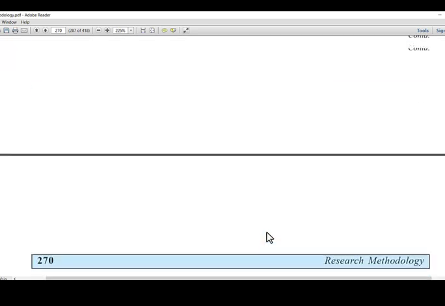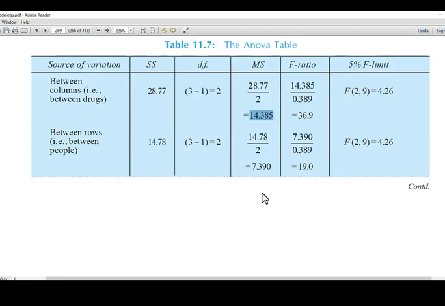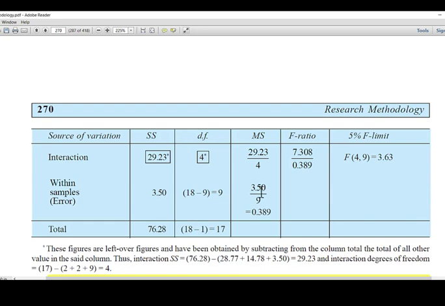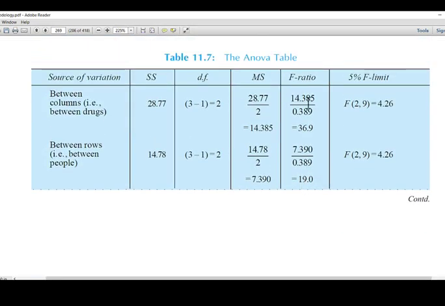And then we have the F ratio calculation. For the F ratio calculation we take this MS 14.385 divided by the MS value corresponding to error, that is 0.389. So 14.385 by 0.389, that is 36.9.